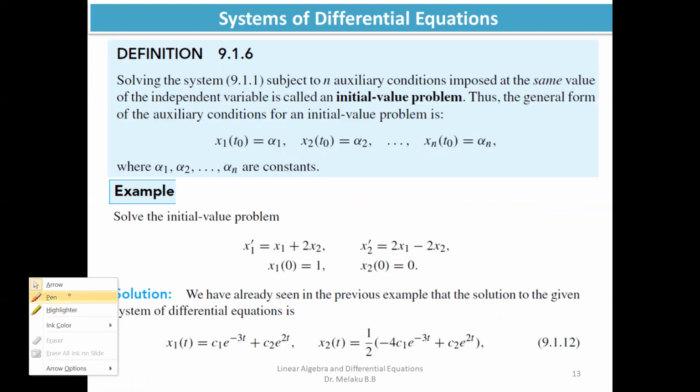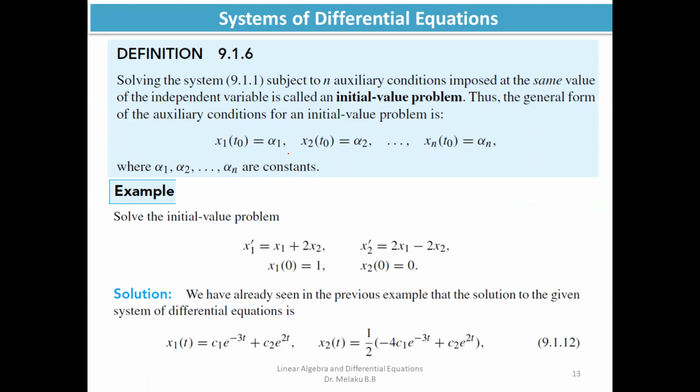Likewise, if we have an initial value problem for the systems of linear equations, it will be the same as what we have considered, but we have to find the values of the constants c1 and c2. For example, earlier we have seen these two systems, this one as well as this one, but there were no initial conditions.